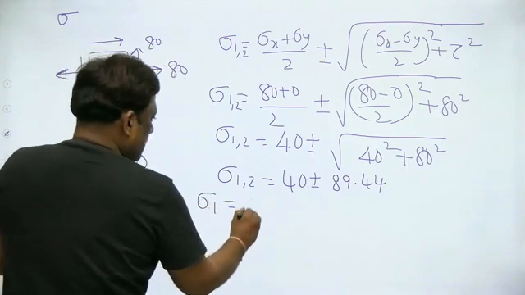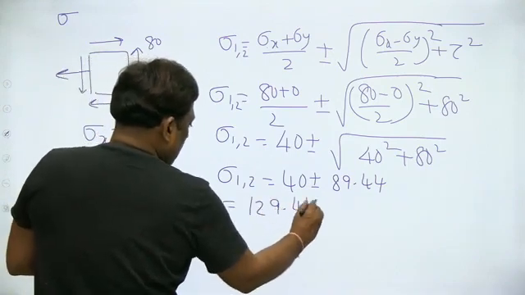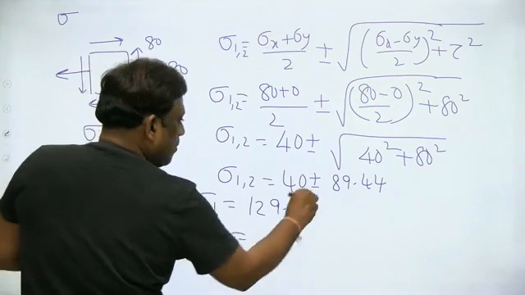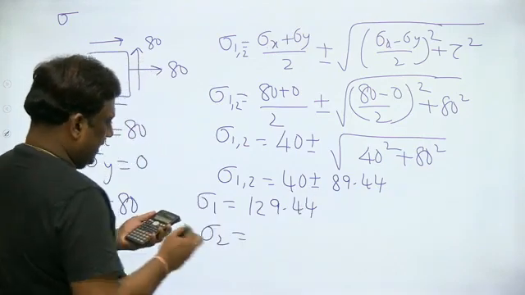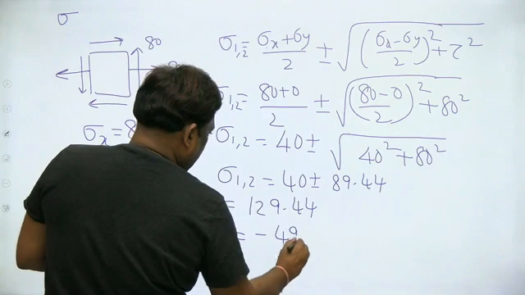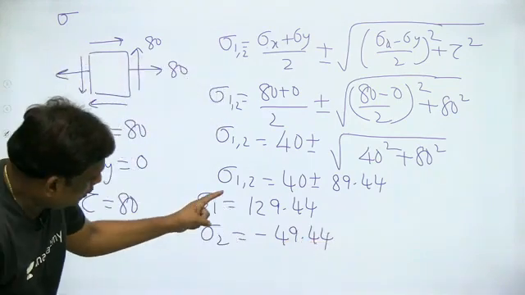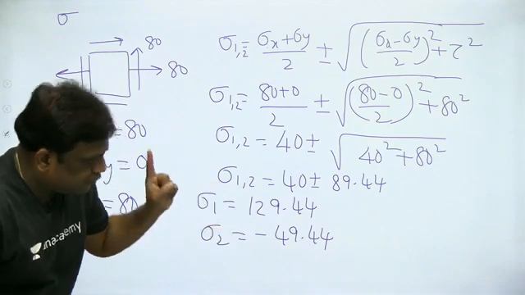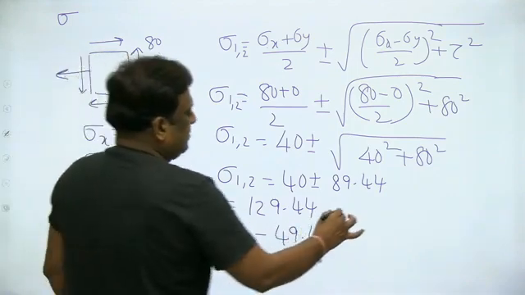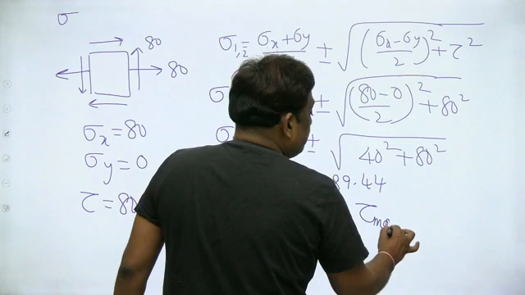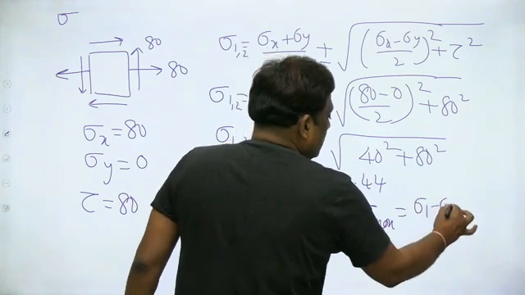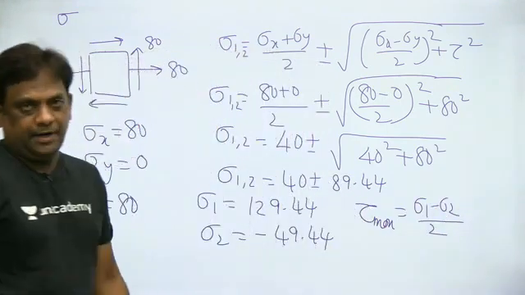Sigma 1 will be plus, 129.44, and sigma 2 will be minus. So 40 minus 89.44, it will be minus 49.44. And I told you very clearly, whenever two principal stresses are of opposite nature, the absolute maximum shear stress will be sigma 1 minus sigma 2 by 2.